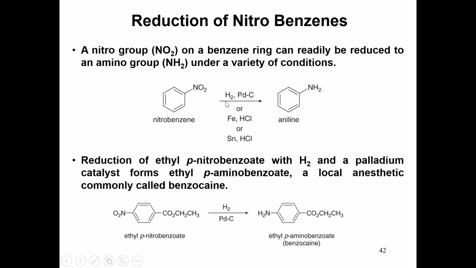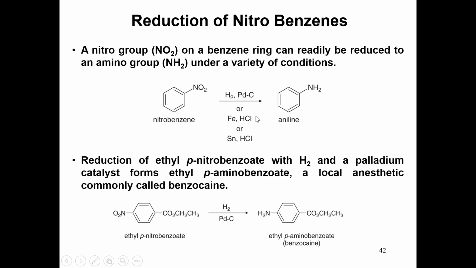We can use hydrogen gas as the reducing agent with palladium supported on charcoal. This is a catalyst. Hydrogen gas is a very strong reducing agent, which is able to reduce the nitrogen-oxygen bond into a nitrogen-hydrogen bond.